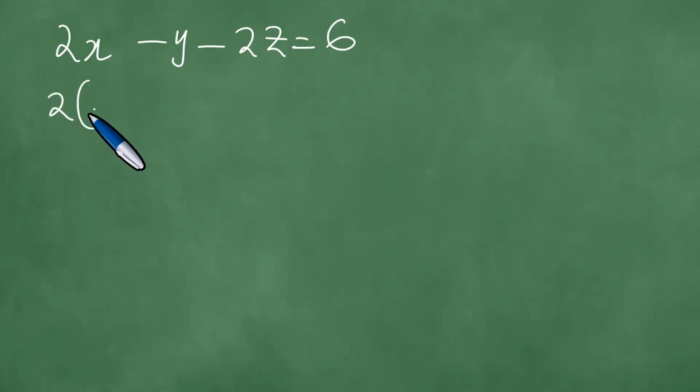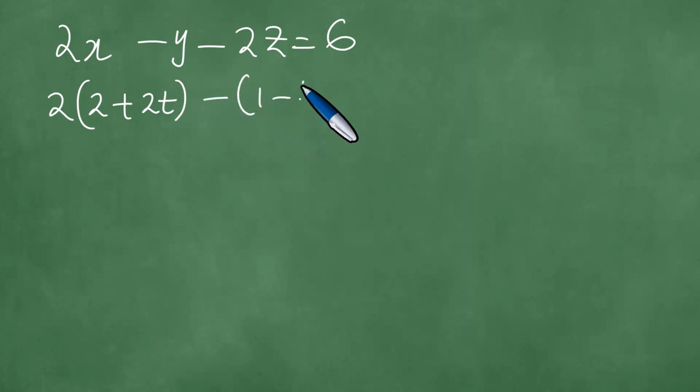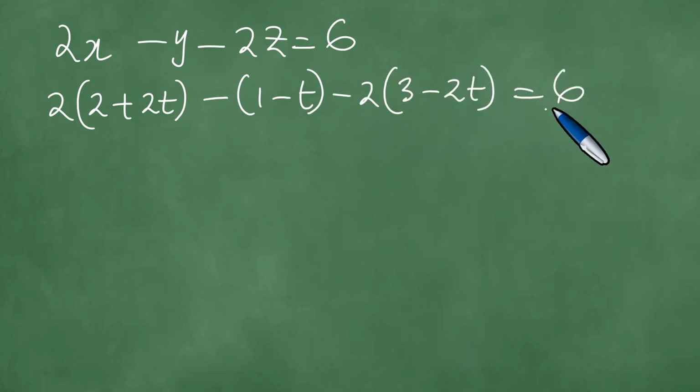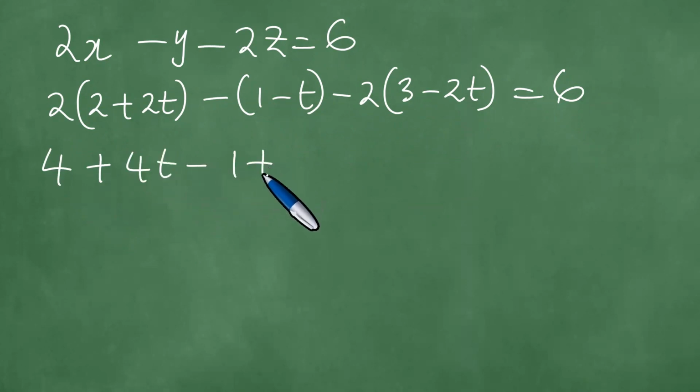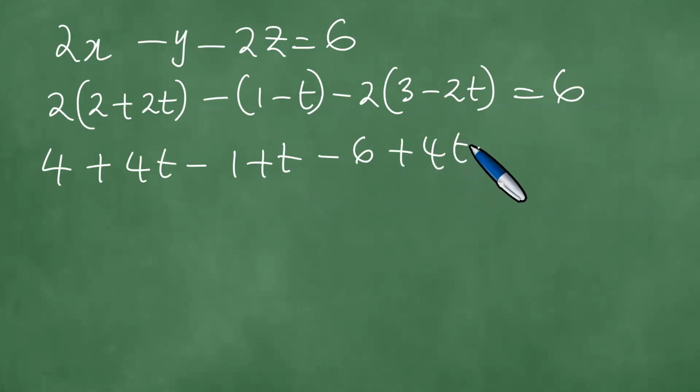And so x is 2 plus 2t, y is 1 minus t, z is 3 minus 2t, and that equals 6. So 4 plus 4t minus 1 plus t minus 6 plus 4t equals 6.